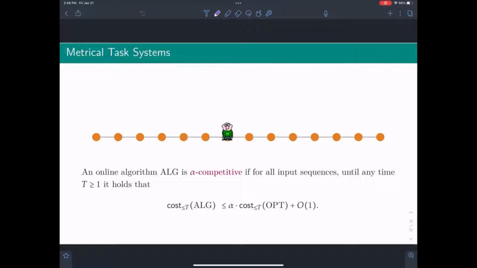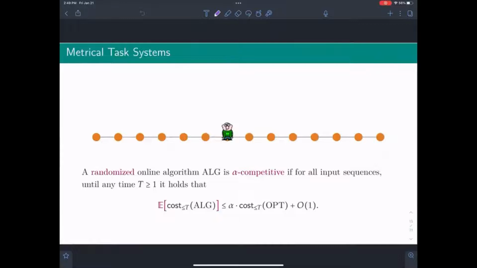And it's not hard to verify that if we are only allowed to make actions deterministically, we can't hope to get a competitive ratio better than omega n. But if randomness is allowed, we can do much better. So what do I mean by that?